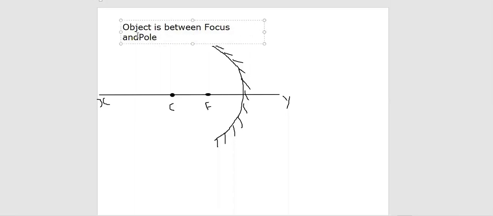If an object is between focus and pole. Now, I have not written pole, right? This one is pole. If an object is between focus and pole.